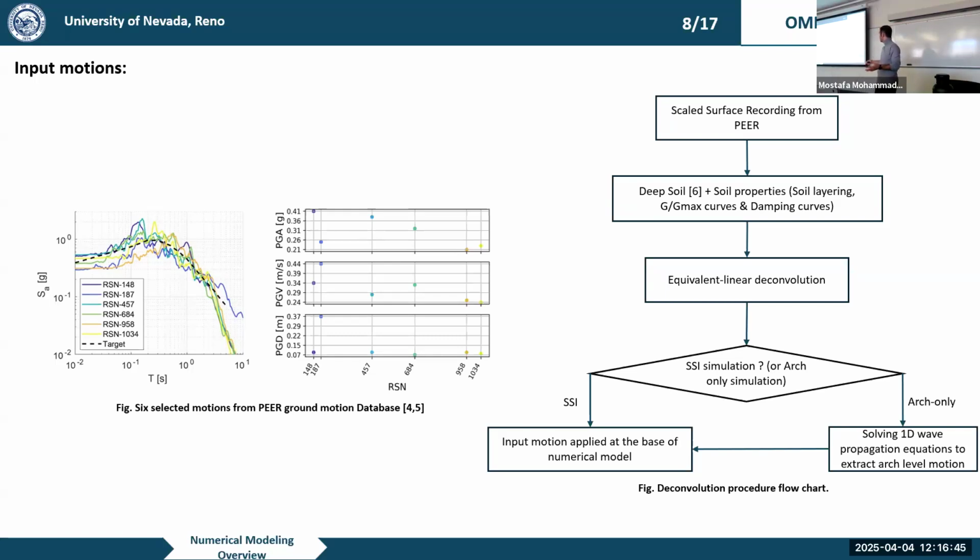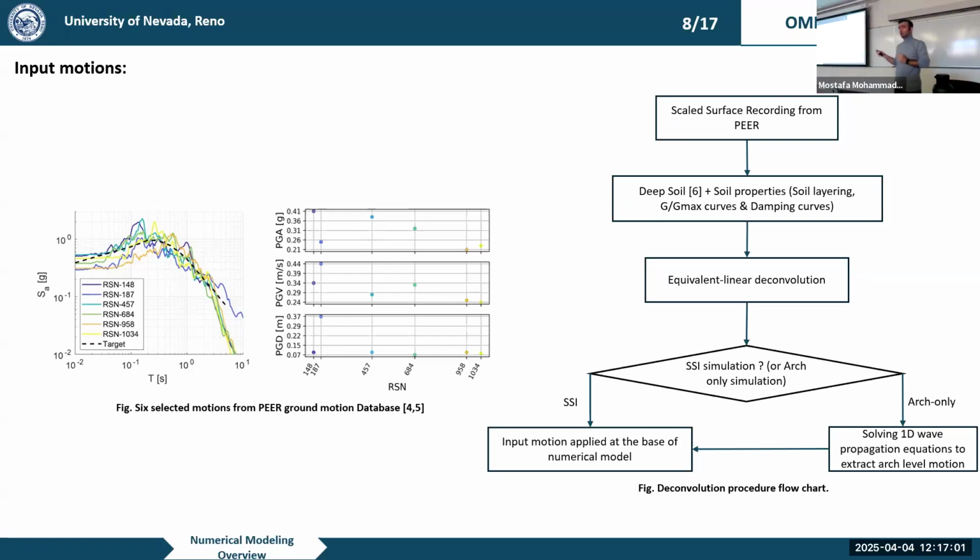As you can see, I'm showing the deconvolution procedure flowchart here. This deconvolution can be done linearly or equivalent linear, and to be more precise and exact, I went with the equivalent linear deconvolution.